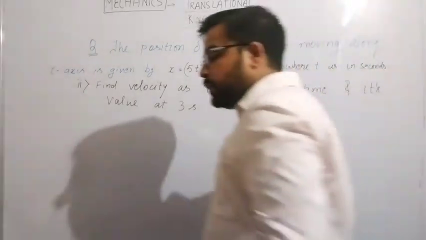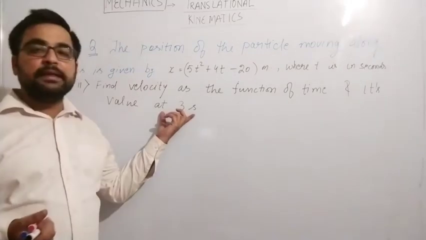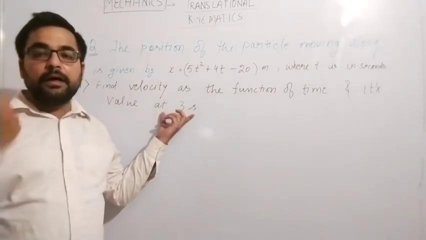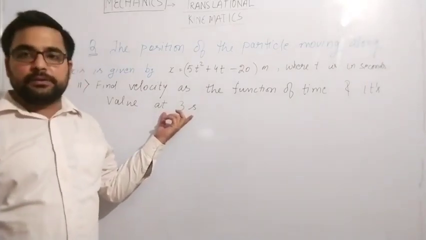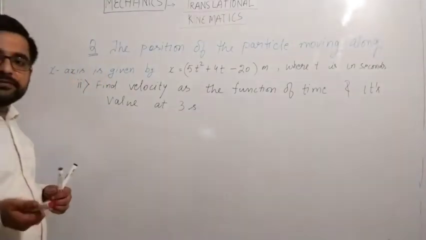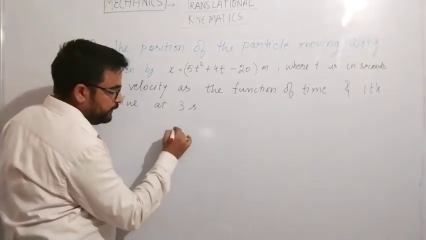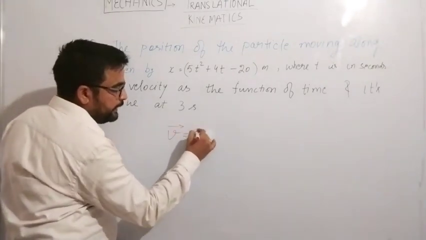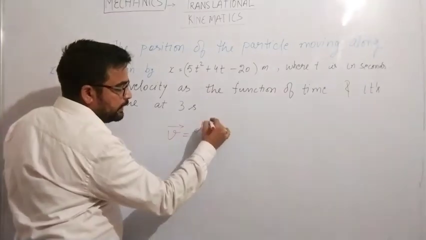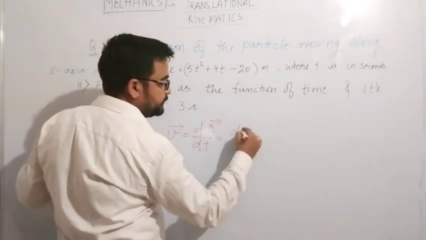Why? Because to find the velocity at 3 seconds, it is asking about instantaneous velocity, right? And when we talk about instantaneous velocity, we follow that v is equal to ds or dr by dt. Here dr by dt will be nothing but dx by dt, right?